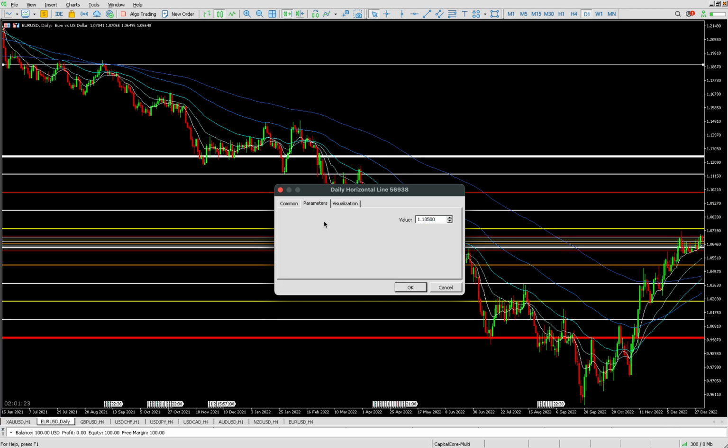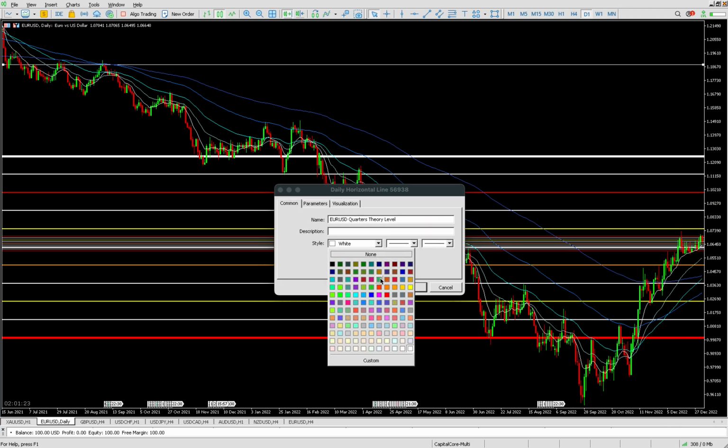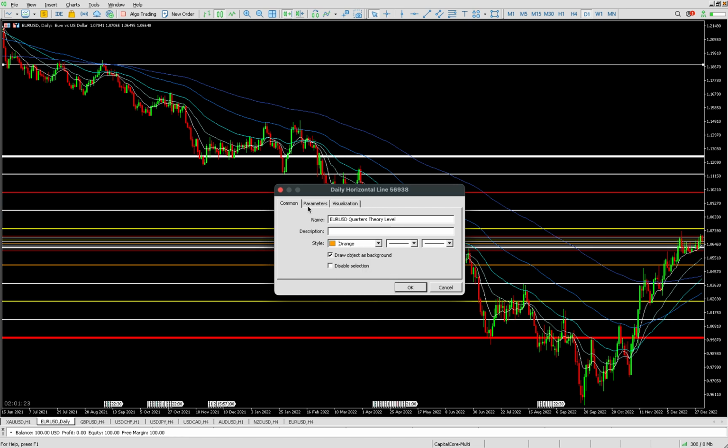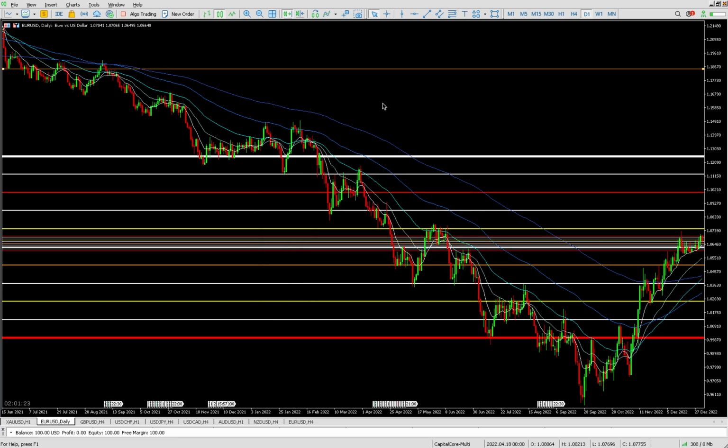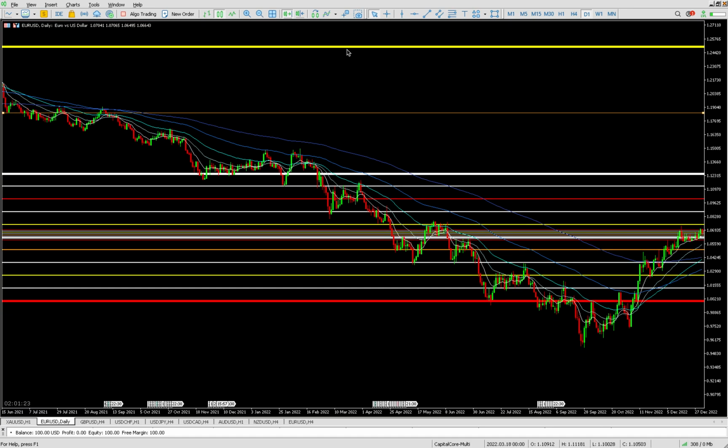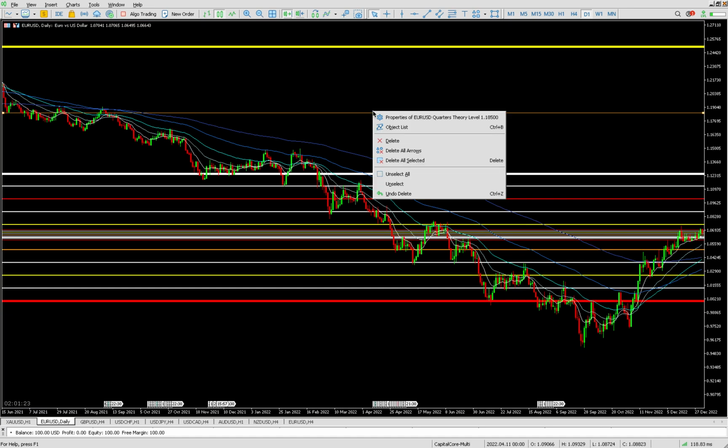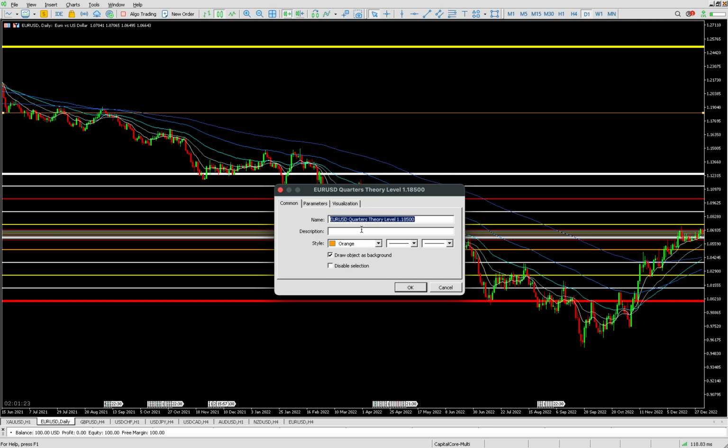For example, if we were going to do this one, it would be in this color also, orange. Copy paste this, paste that into there. That would be an actual level. That would be halfway between here and here, but I'm not going to mark that up, but you could. And if you want to lock that in, you hit that and then it locks it in. I'm not going to lock it in because I don't want this level.